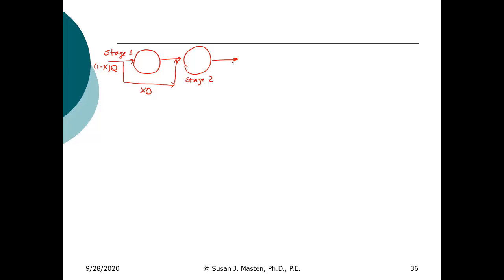And the reason we're doing this is to reduce the doses of chemicals. It also reduces the sludge. It reduces the capital cost because the stage 1 flocculation basin is smaller than it would otherwise need to be.